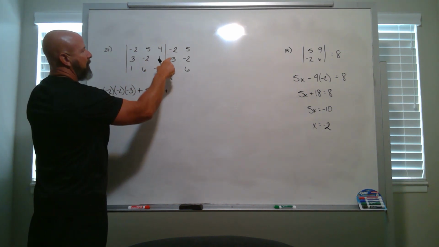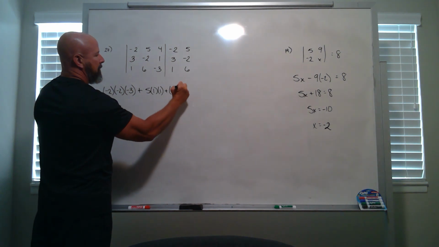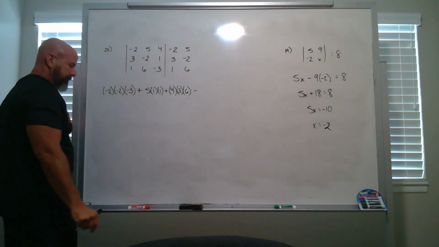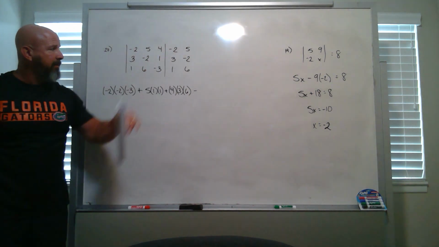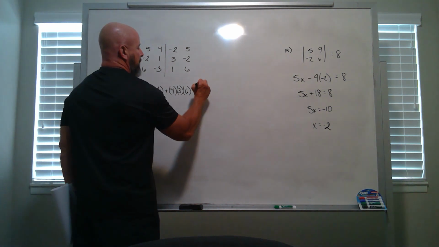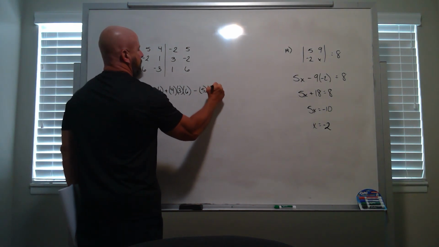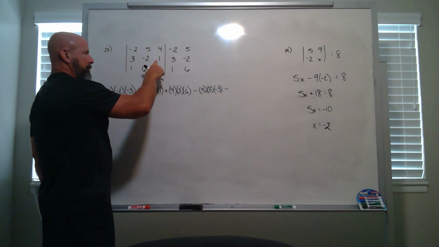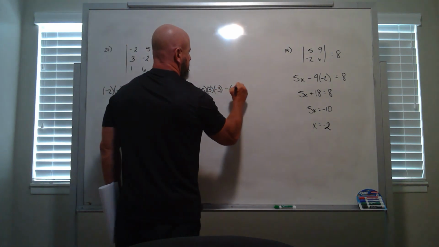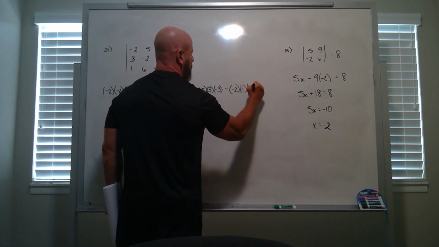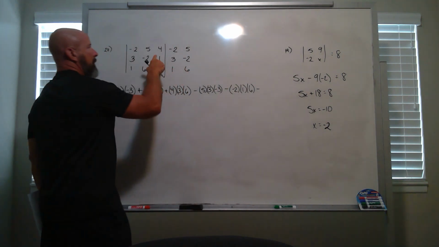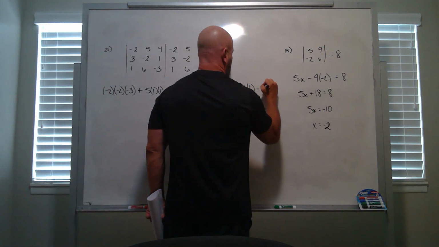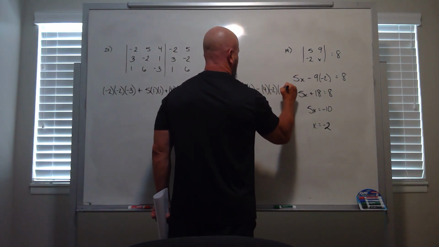Plus 4 times 3 times 6. And then minus each one coming back. So start on that right side at that 5, minus 5 times 3 times -3, minus -2, 1 and 6, moving diagonally, and minus 4, -2, and 1.